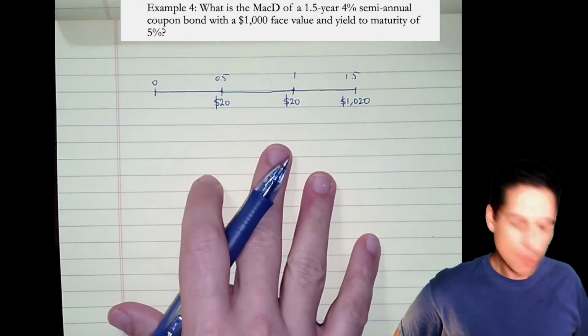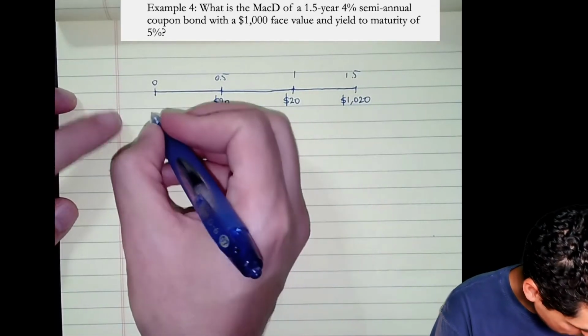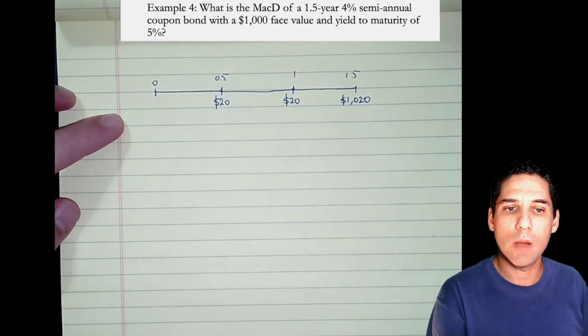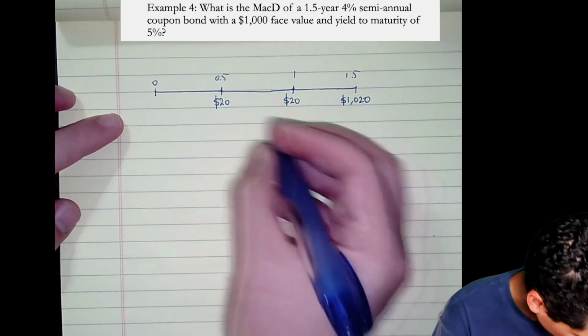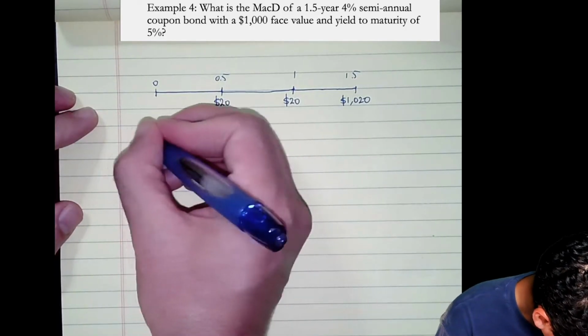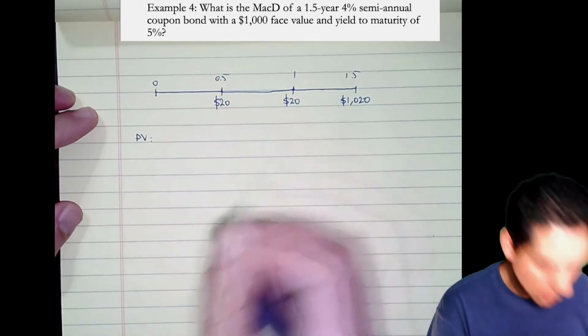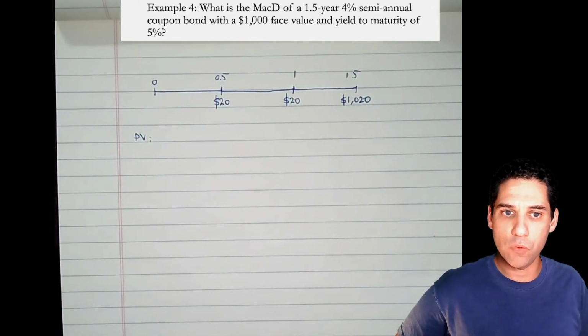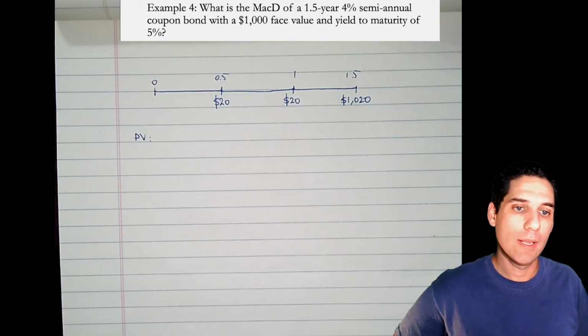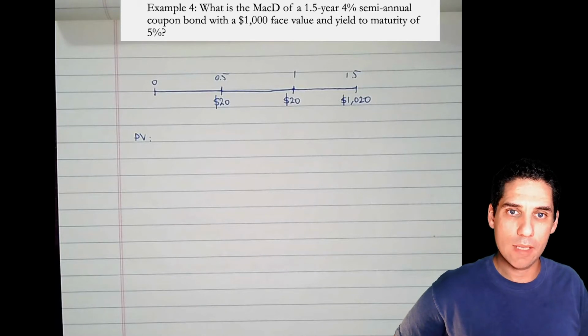Now the next step, step number 2, was to find the present values. We're going to use the present value of a single cash flow formula, but with semi-annual compounding, so m equals 2.